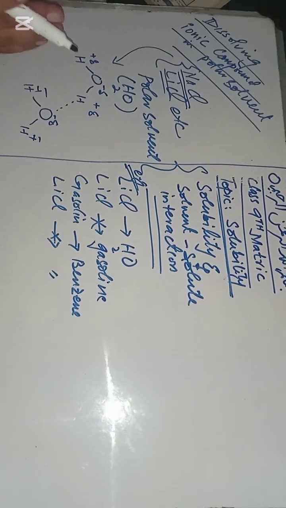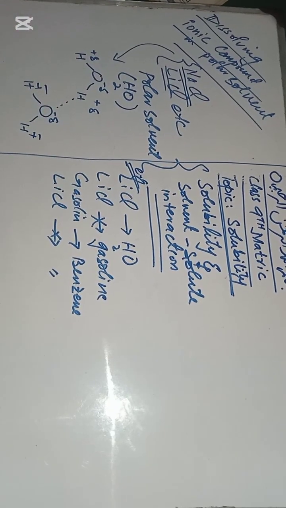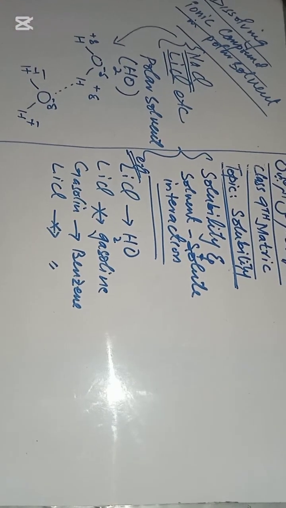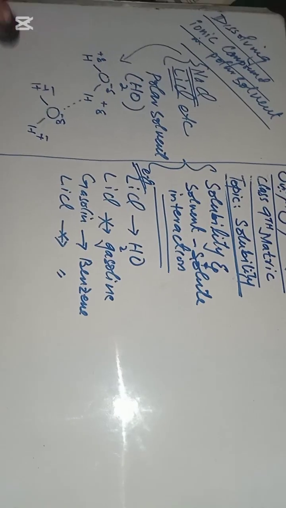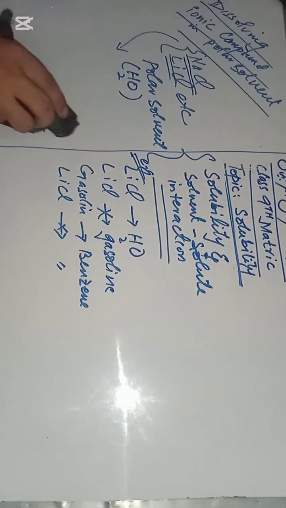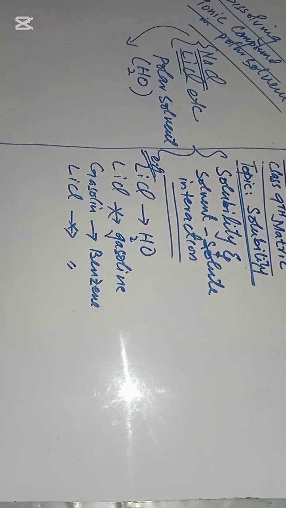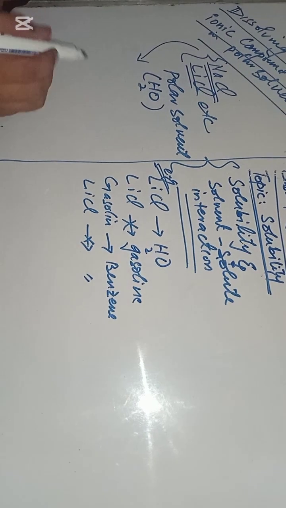There starts an interaction between the two, splitting the ionic compounds and distorting their crystalline form.